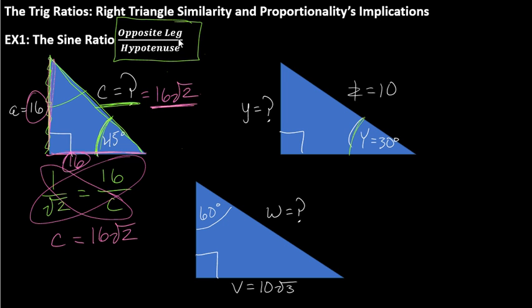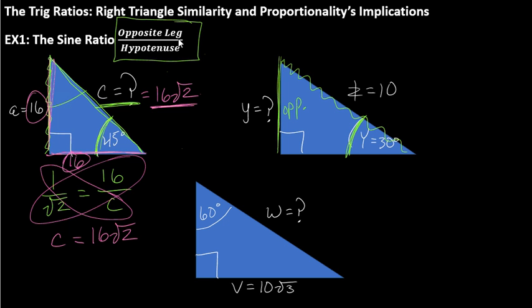Right, so again, we see another example. So we're given this 30-degree angle. We don't know this opposite leg. This leg is opposite of the angle we're using, and we're given the hypotenuse.